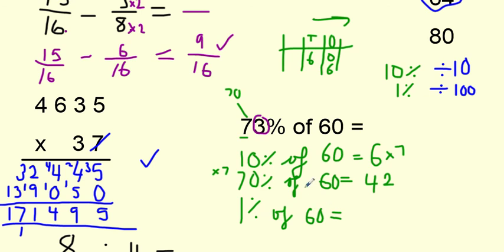So what is 60 divided by 100? And if you need to use a place value chart, don't forget we're really experienced at this, aren't we? This isn't new stuff. We've been doing this for a long time. So I've got 60 dividing by 100. So I move everything over 2 places to the right, put my decimal point in.